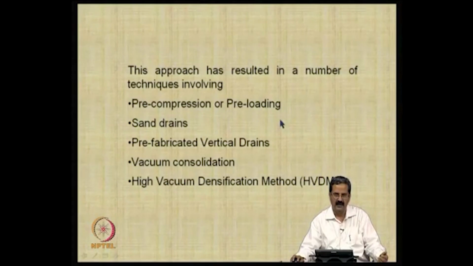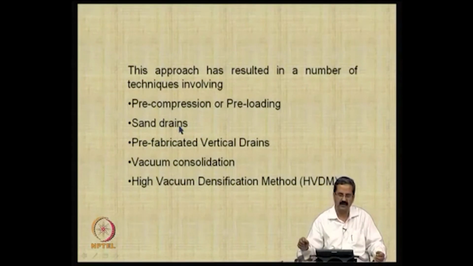In pre-compression, the consolidation of the soil is in the vertical direction. If you apply load, consolidation occurs, and the consolidation process results in settlement. The acceleration of settlements is because of vertical loading, and that is okay to some extent, but when the soils are highly compressible, you need to provide sand drains also.